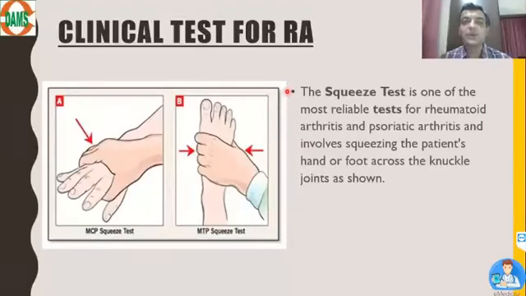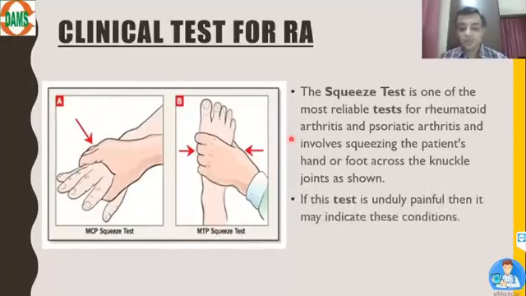Psoriasis can also affect the MCP joints, and that is why it is one of the reliable tests for rheumatoid arthritis. It involves squeezing the hand or the foot across the knuckle joints as shown. This is the common test, and if the test is unduly painful, it can indicate one of the above conditions.